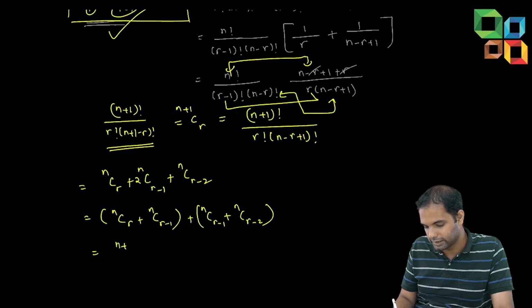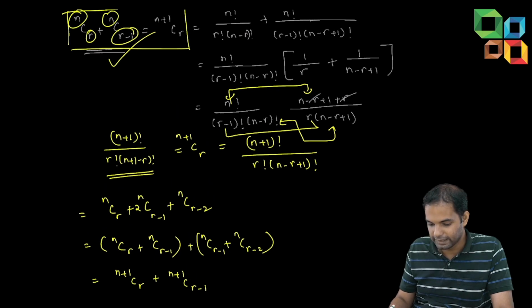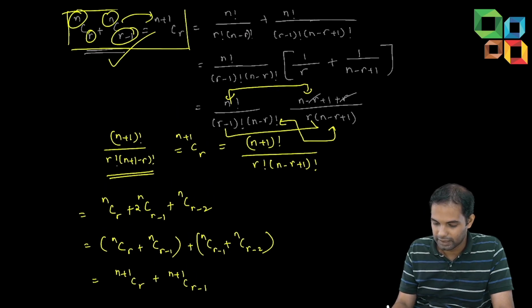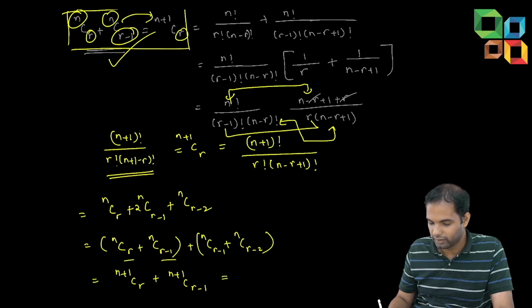This sum is n plus 1 Cr. And the other term is n plus 1 Cr minus 1. The n increases, and r is the highest power as long as they consider it. Again, we need not stop here. Look at it; it's still in the same format. Both are n plus 1, so it will be n plus 2 Cr.